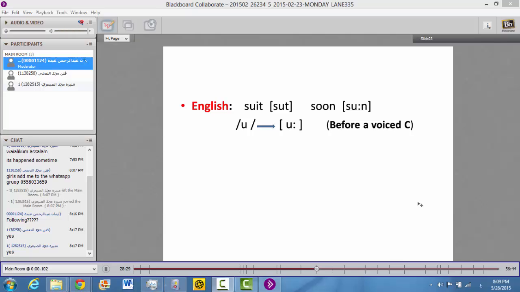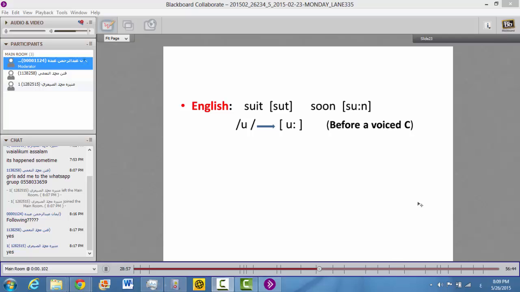The same examples, but we have another feature for the oo. Suit and soon. You feel the oo is a bit longer in soon. Please try to repeat it after me. Try to raise your voice to listen to yourself, and I want you to feel the production of the oo and listen carefully.